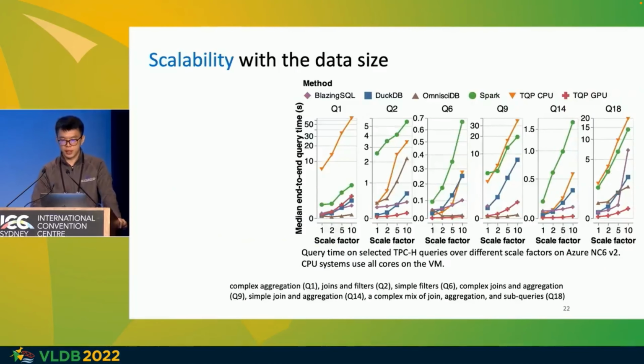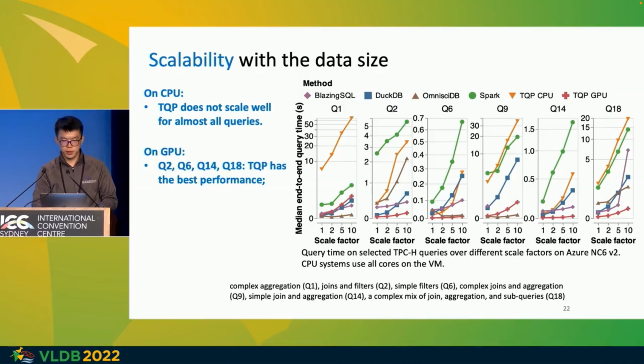Let's now look at larger data sizes. We scale the data set from 1 gigabyte to 10 gigabytes and compare the query performance over several representative queries. In general, on CPU, we see that TQP, which is the orange line, does not scale well for almost all queries. On GPU, TQP is the red line.